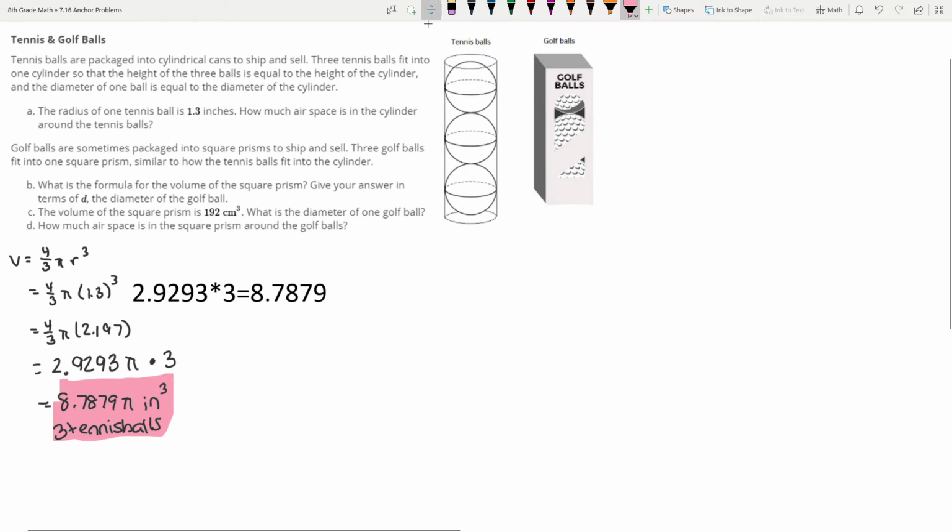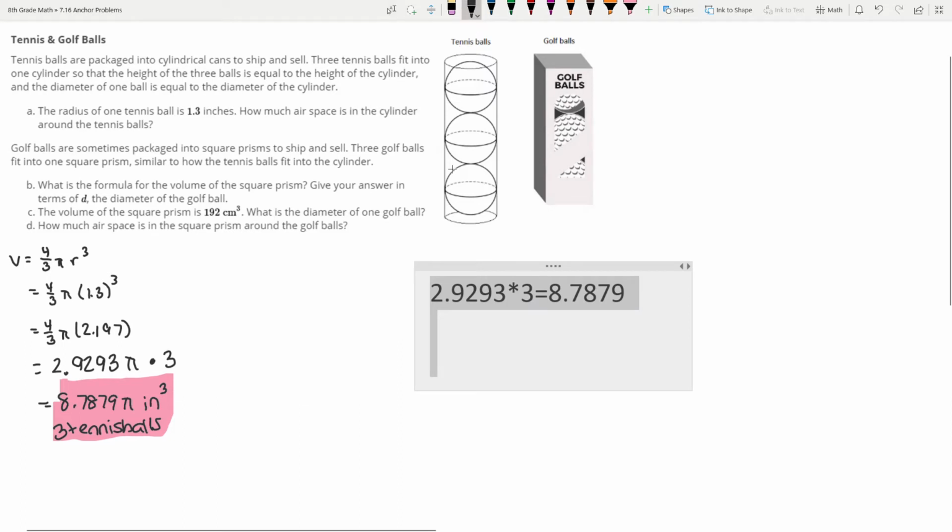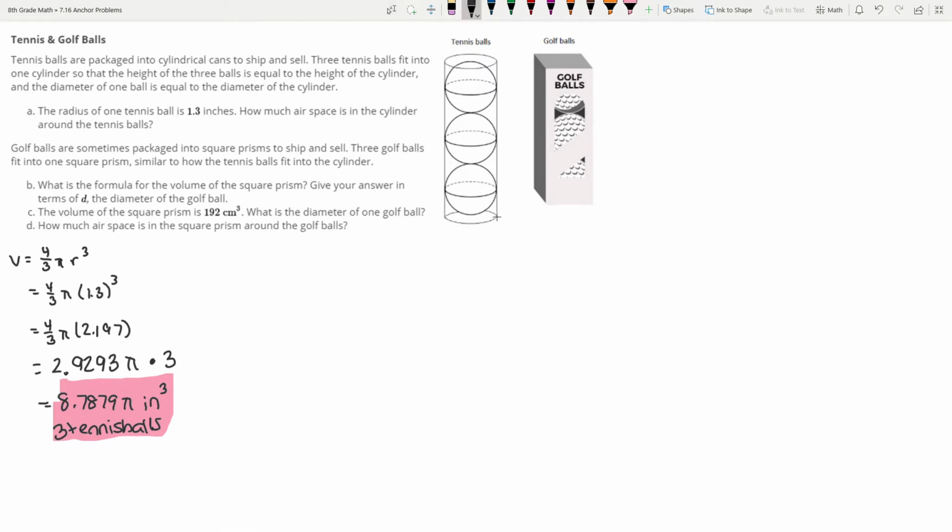Now, if we're looking for the volume of the entire cylinder, we need to figure out some dimensions first, don't we? We know from here to here, that's the same thing as the diameter of one tennis ball. That's 2.6 inches. This piece is going to be another 2.6 inches.